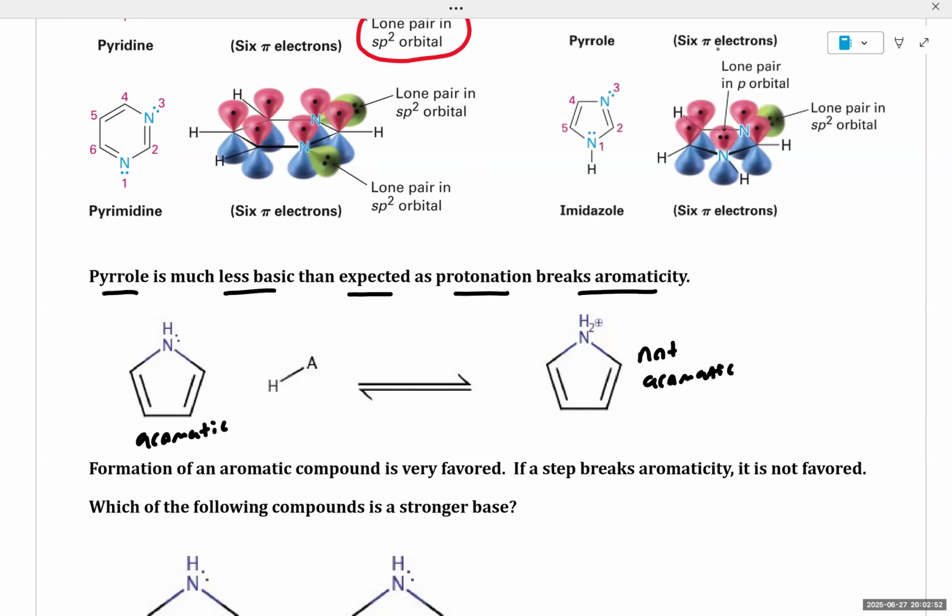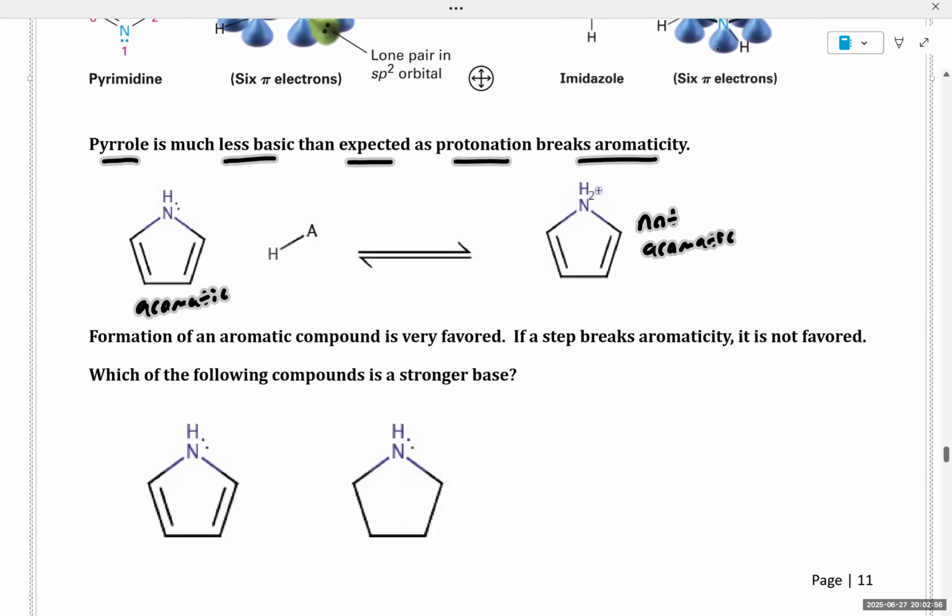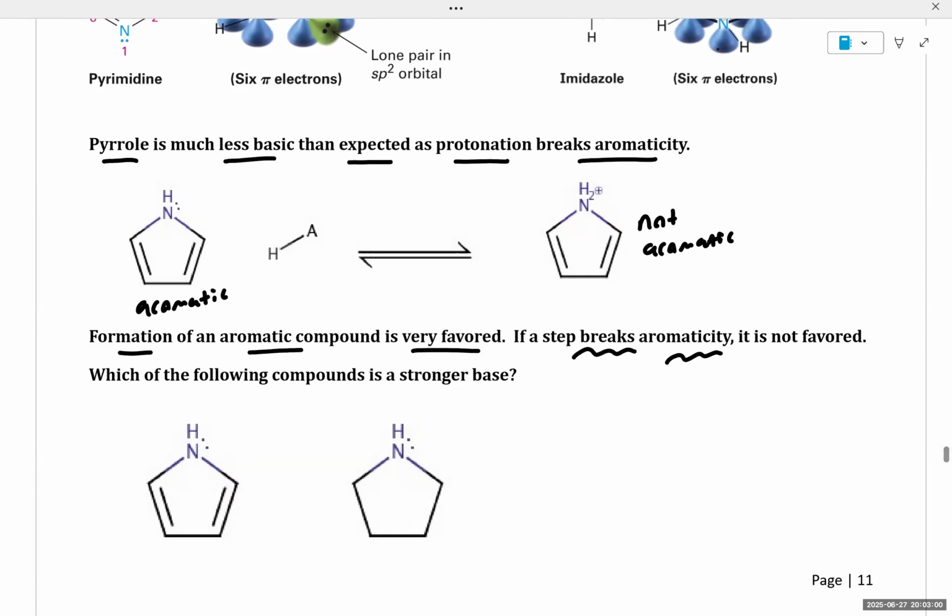Protonation breaks conjugation. By this notion, formation of an aromatic compound is very favored. If a step breaks aromaticity, it is not favored. That's why pyrrole is a weak base, much weaker than would be expected, because if you protonate pyrrole, you break aromaticity.